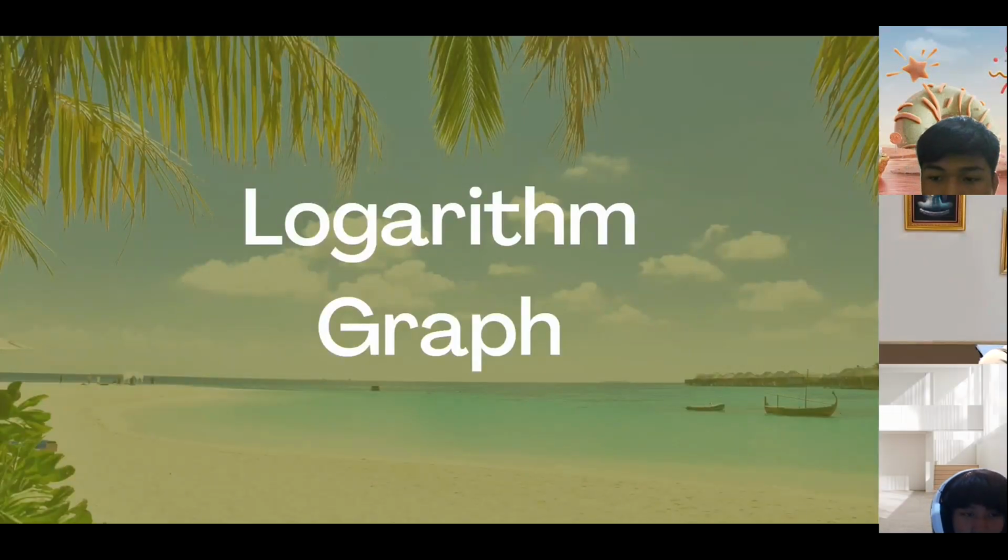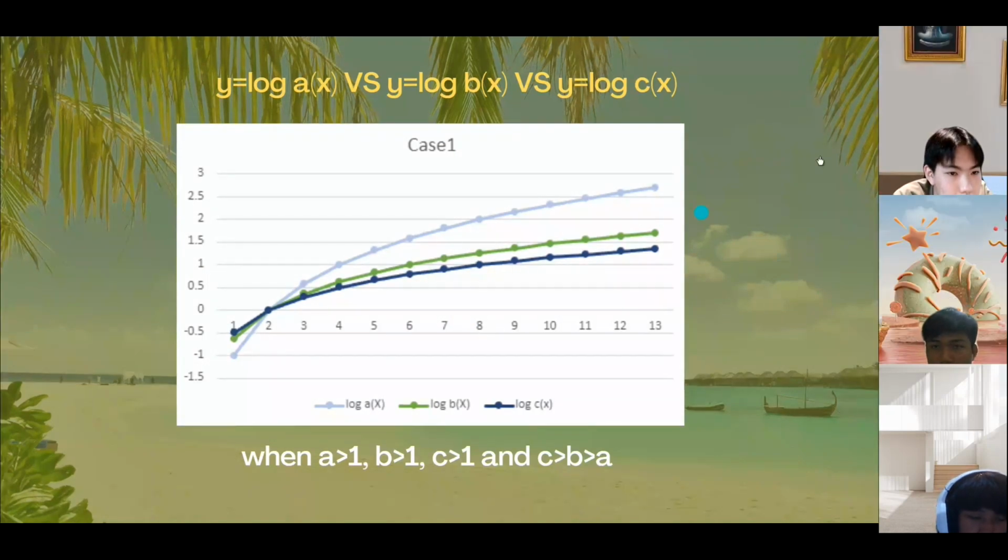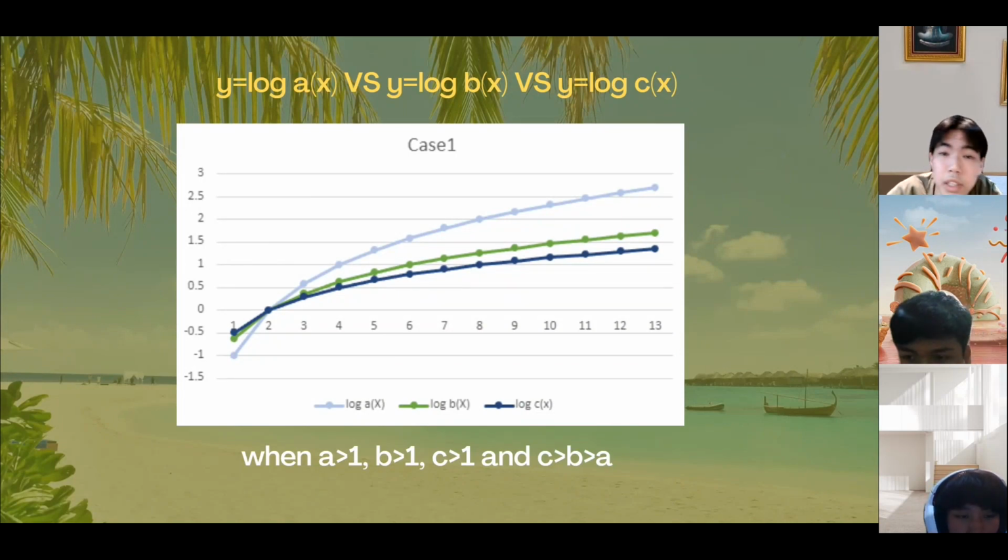So now we come to the logarithm graph. In case 1, the graph assumes A is 2, B is 3, and C is 4. The x value starts from 0.5 and goes to 6.5.